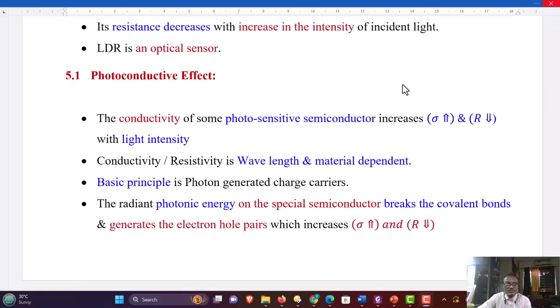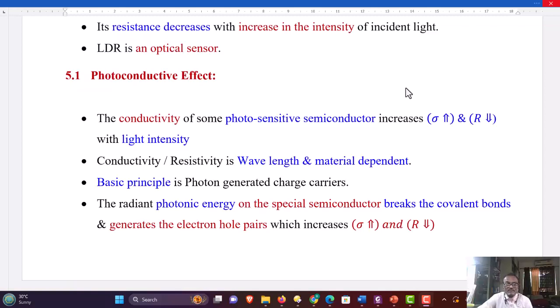As we know, in a photosensitive material, when the light photon falls on the material, it gives energy to the atoms, and the charged particles in the atom jump into the conduction band, and therefore the conductivity of the material changes. So the higher the intensity, the higher the number of charged particles available in the conduction band.